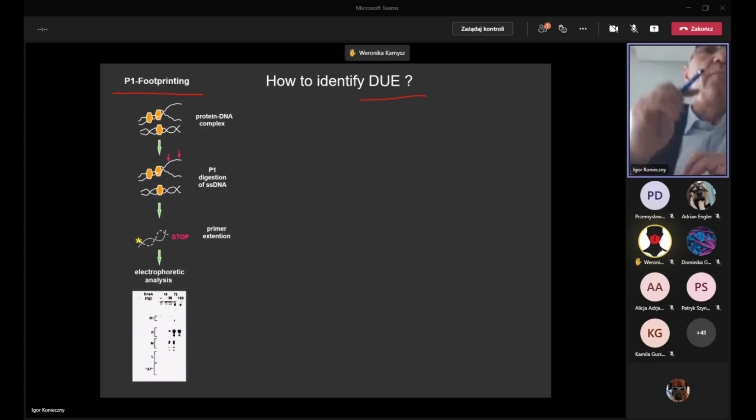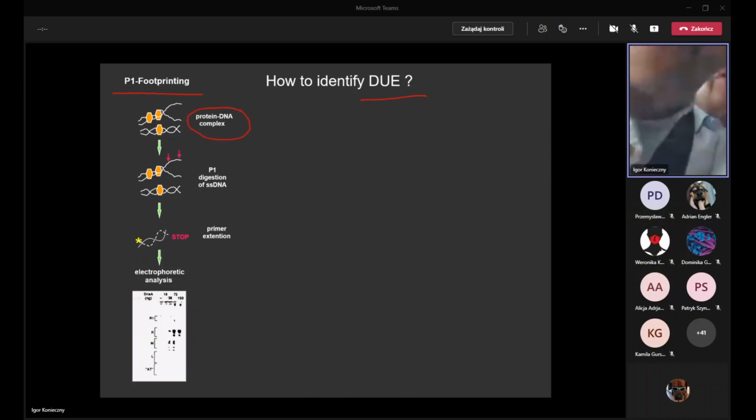You add the replication initiator protein to form the DNA-protein complex, and due to the activity of the replication initiator, the DNA unwinding element is going to be unwound. Unwound means single-stranded DNA is going to be present here.